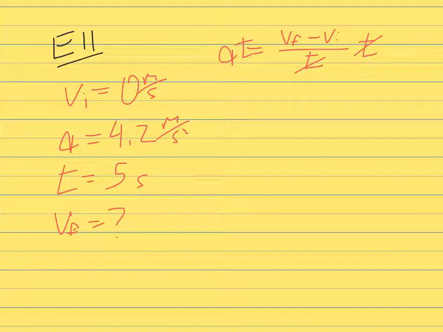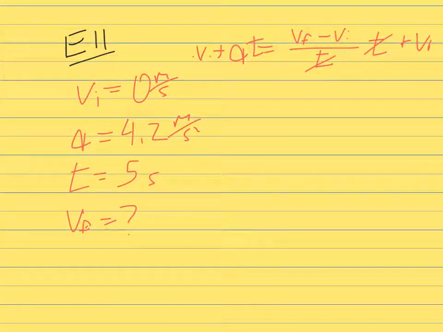And since I'm trying to solve for final velocity, I'm going to add initial velocity, which is being subtracted here. So I'm going to add that to both sides. V initial. That subtracts out, leaving us with an equation for V final. It's equal to everything left on this side: V initial plus acceleration times time.